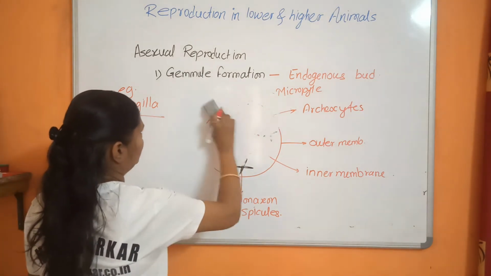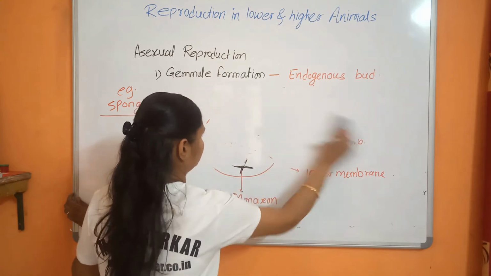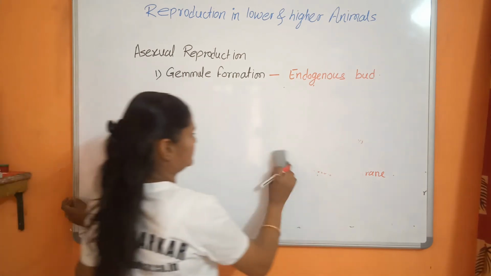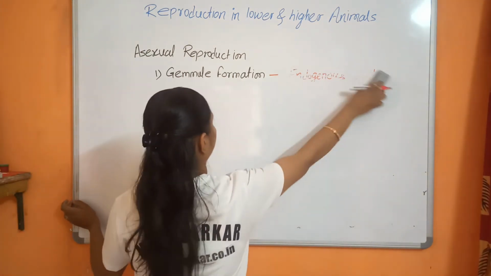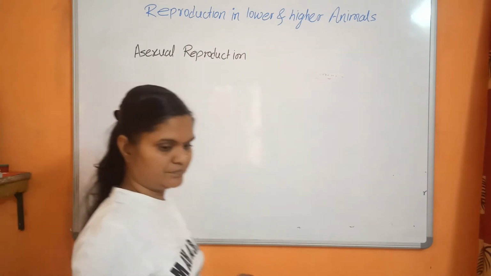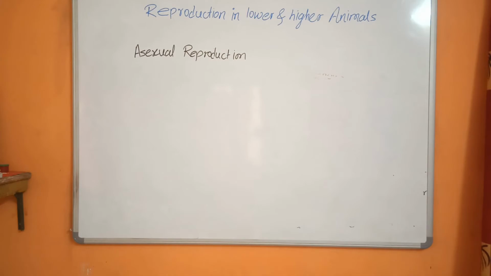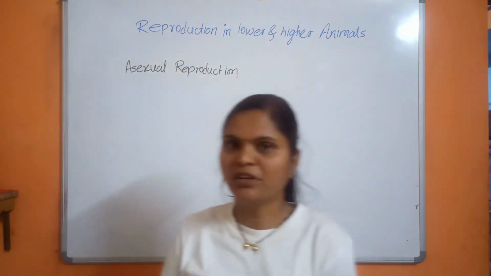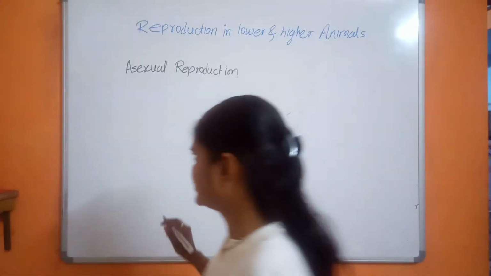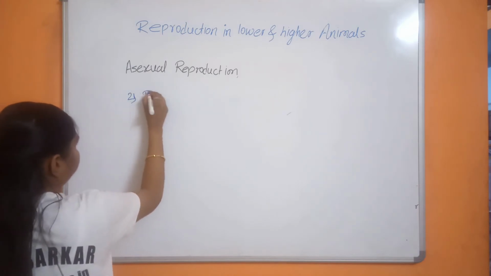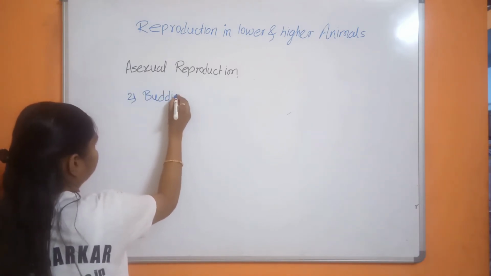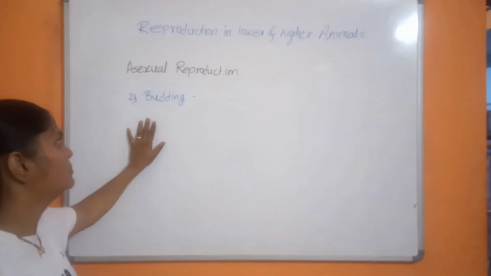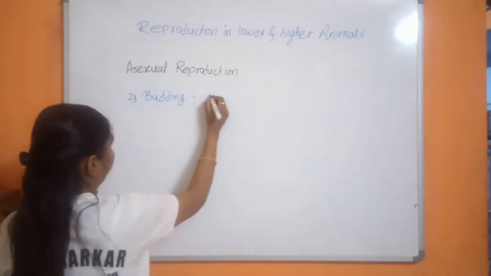Now second, budding. The next part of asexual reproduction is budding. This is the exogenous bud, produced during favorable condition.